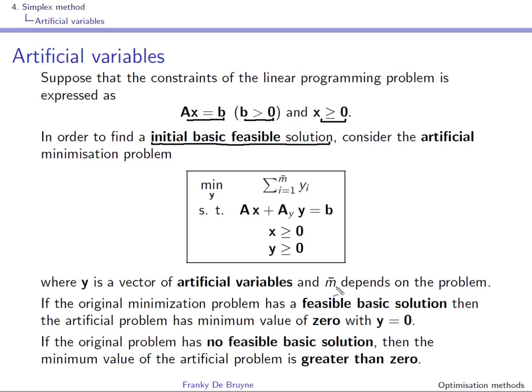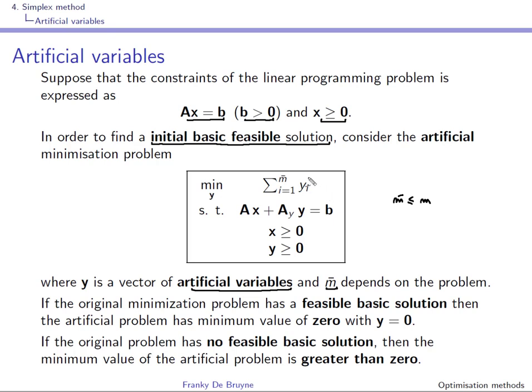So in general, you'll add m bar artificial variables, and m bar is smaller or equal to m. M is the number of constraints. At most, you will add an artificial variable in each equation, right?